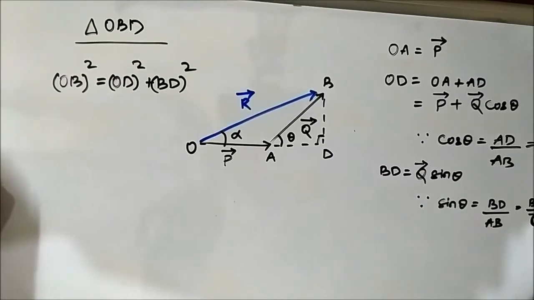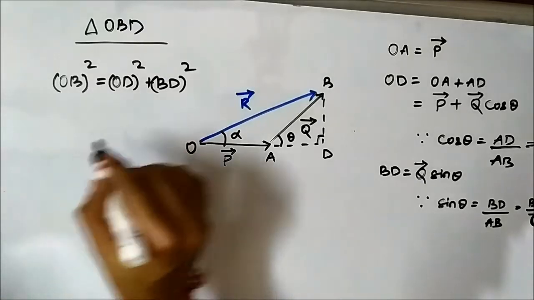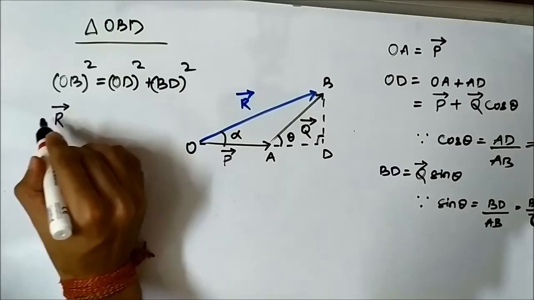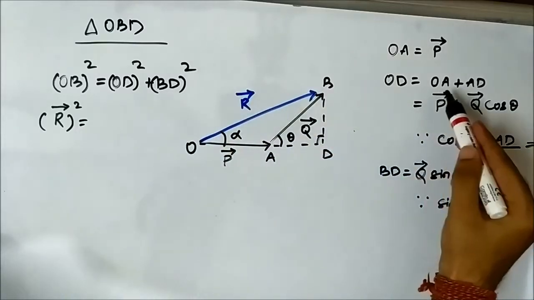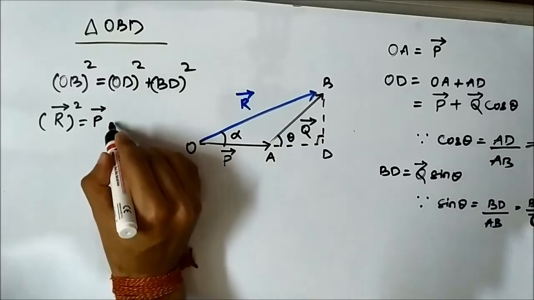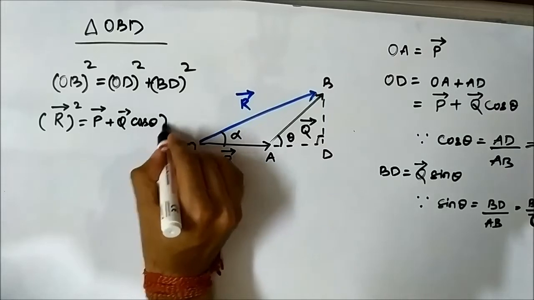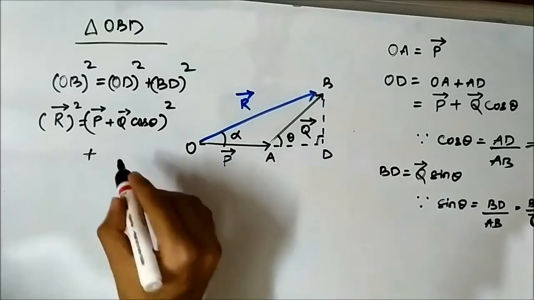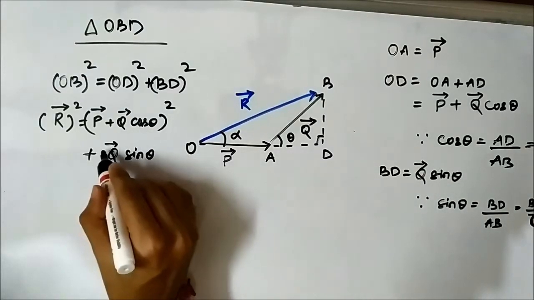Now if we put these values here, we can write OB as R vector whole square equal to OD, which is OA plus AD, which is (P vector plus Q vector cos theta) whole square, plus BD square, which is (Q vector sin theta) whole square.